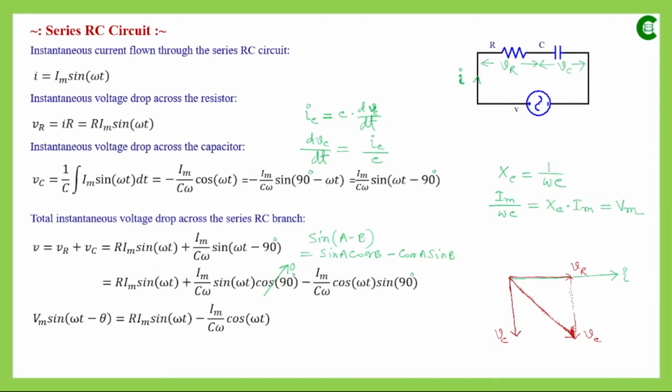Now we can see from this phasor diagram that between this V and this I there is a phase difference, and that phase difference is no more 90 degrees, rather it is less than 90 degrees. Let's assume that value as theta, but still the total instantaneous voltage across that series path is lagging the corresponding current.